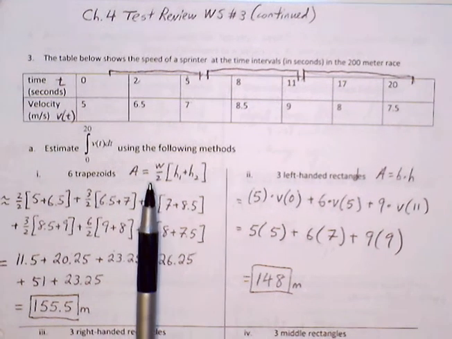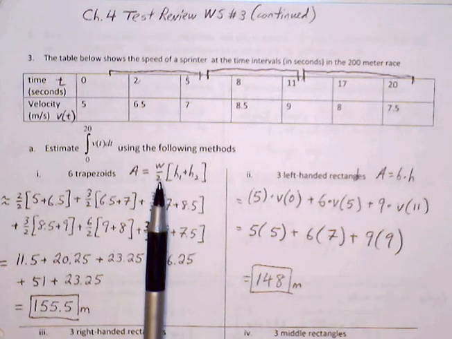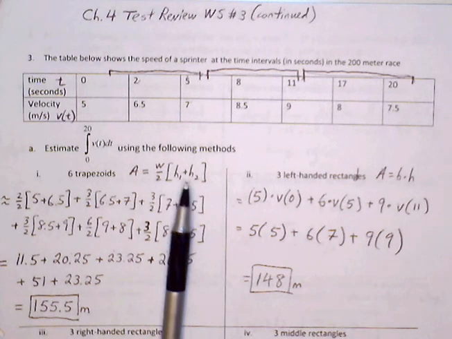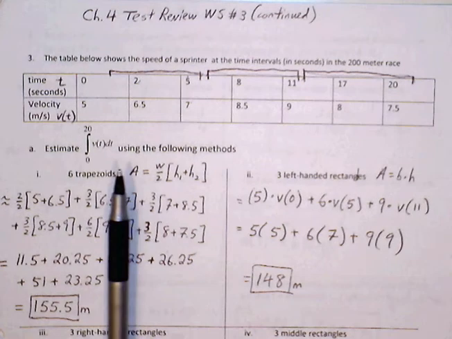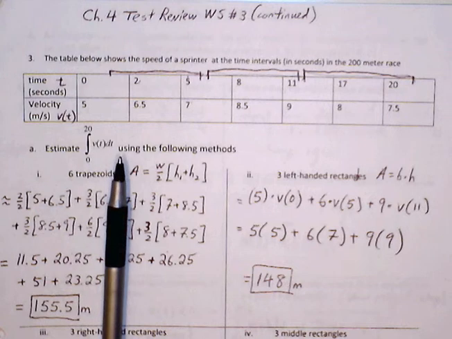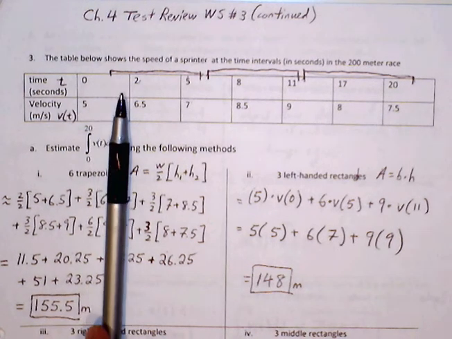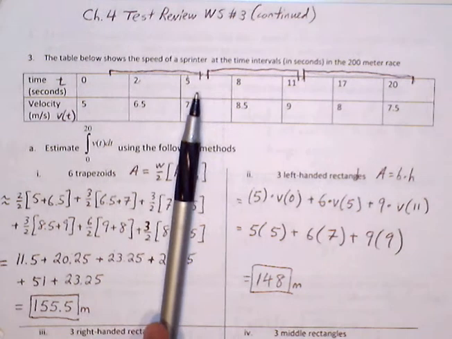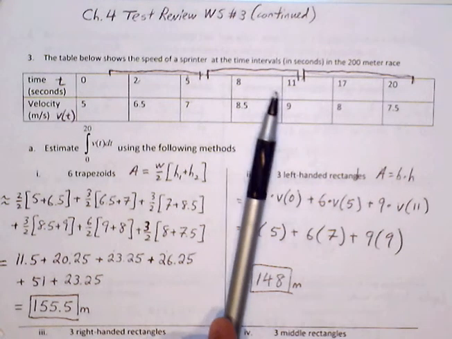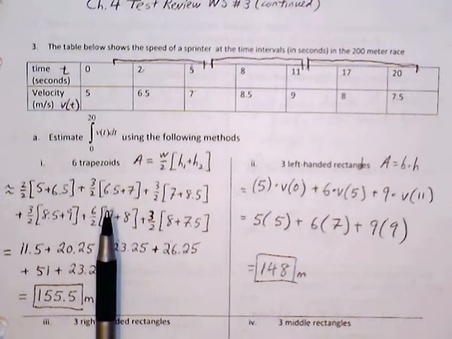Just as a reminder, the area of a trapezoid is width divided by 2 times h sub 1 plus h sub 2. Now we could use just one formula to find the area, but notice that we have different widths in each of these intervals, so we have to find the areas of these trapezoids separately.